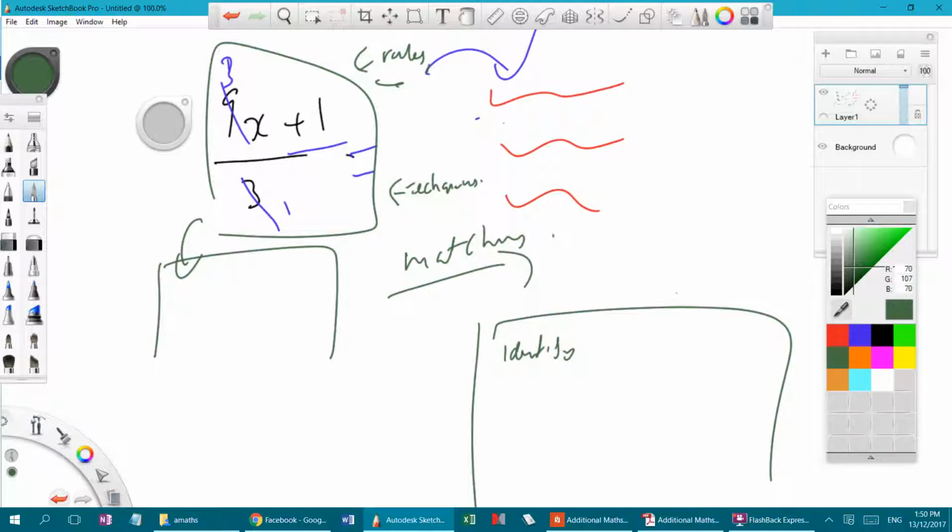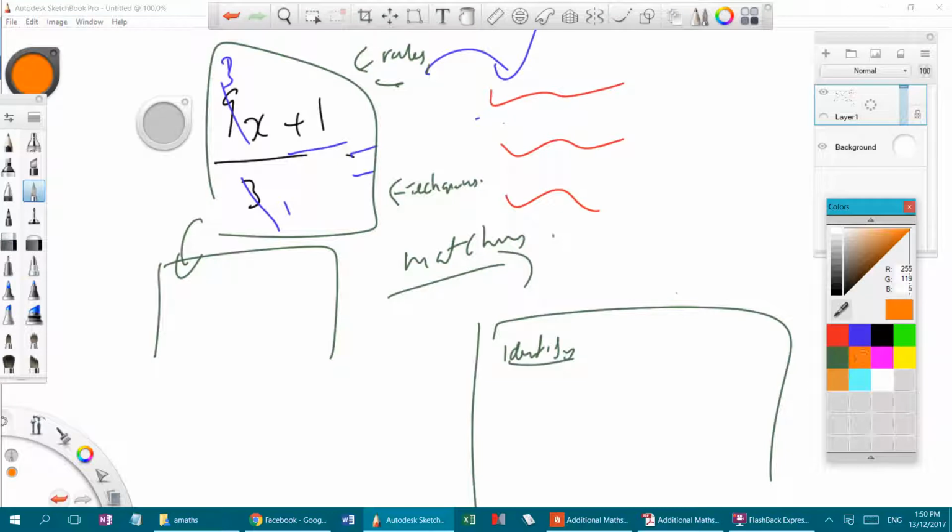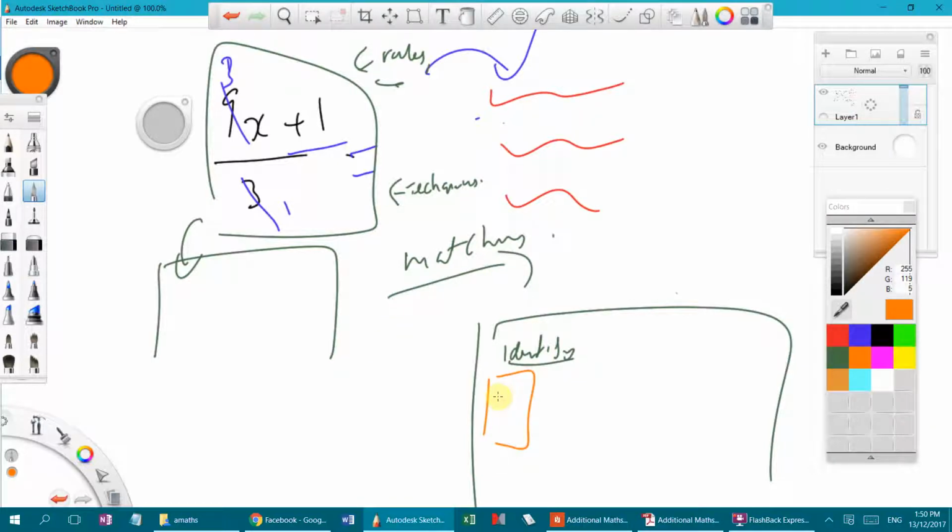We can have one worksheet for rules and one for techniques. For example, for this rule, we show them an example, then after that one or two simple questions to do.